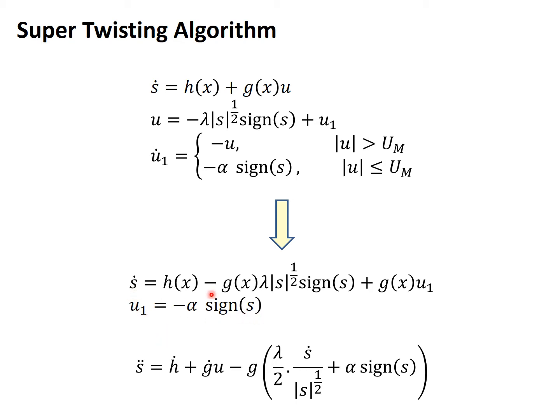This one can also be written in this manner. You take another derivative, S double dot, and you will get this form. We are putting in both of these because in some systems we will use this form, and in some systems we will use this form.